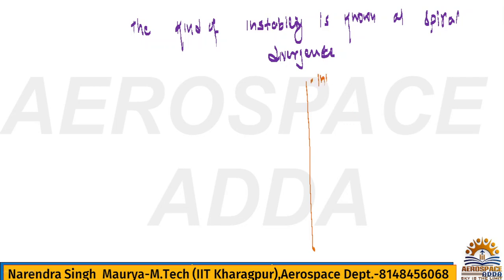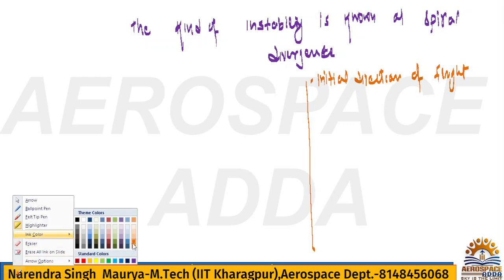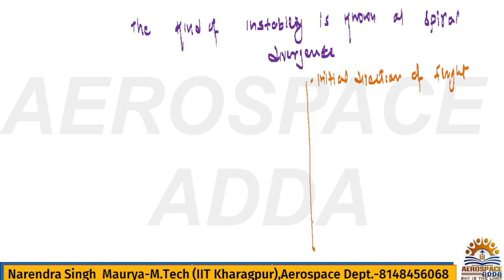This is the initial direction of flight. The flight is supposed to go in this way. Okay, and where is the flight? The flight is somewhere here. This is the plane now. The plane is supposed to go in this way, but I told you it is laterally insufficiently stable, and directionally it is much stronger.